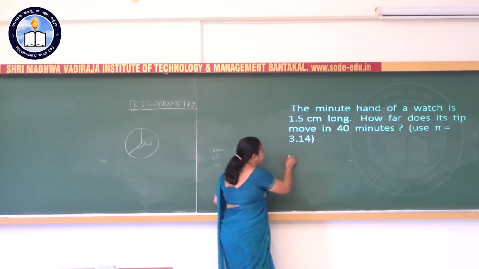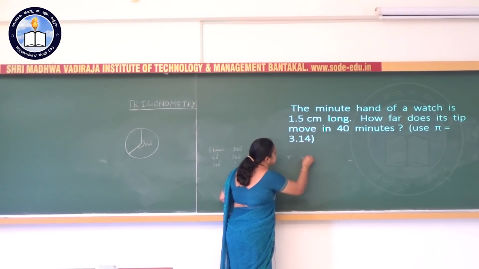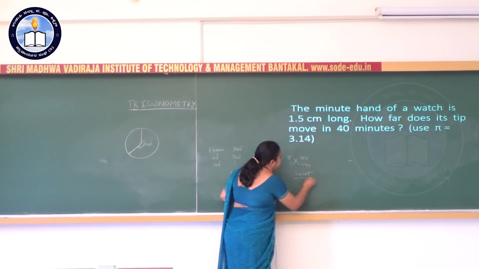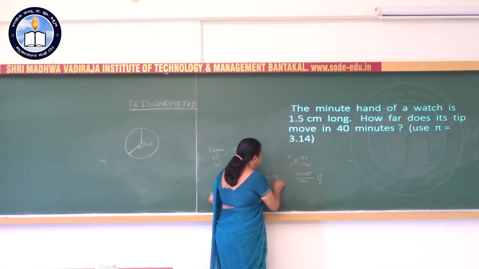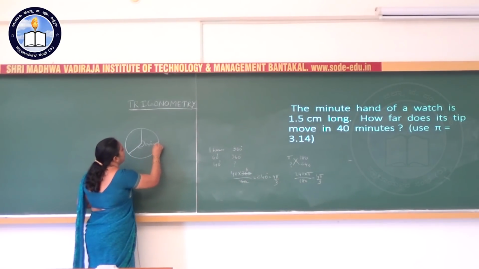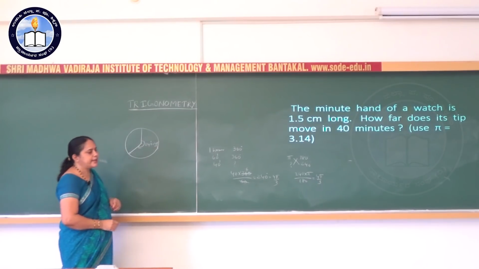In radians, pi radians is equal to 180 degrees. 240 degrees, how many radians? 240 into pi divided by 180, that's equal to 4 pi by 3. 4 pi by 3 radians. 240 degrees or 4 pi by 3 radians.